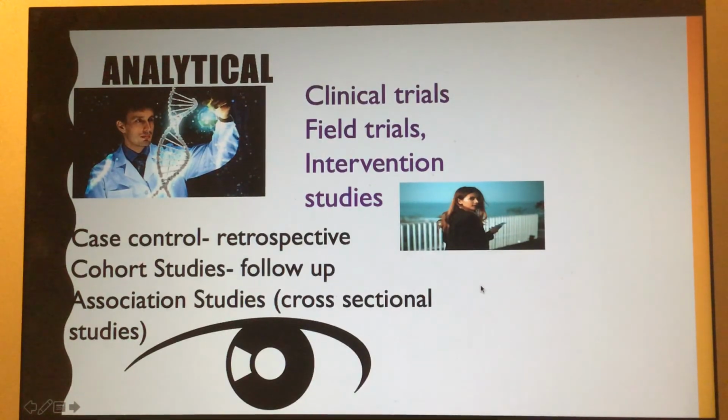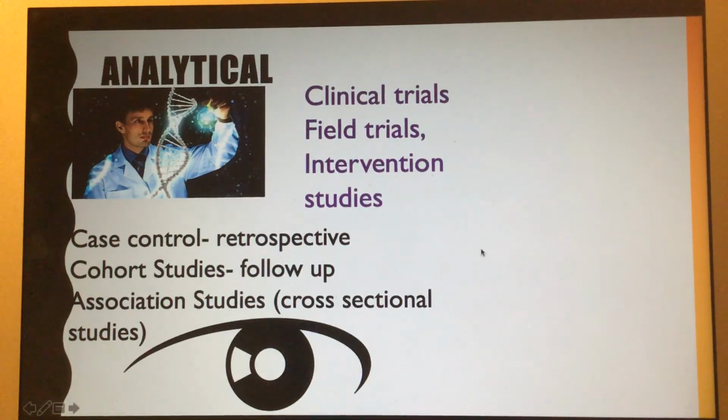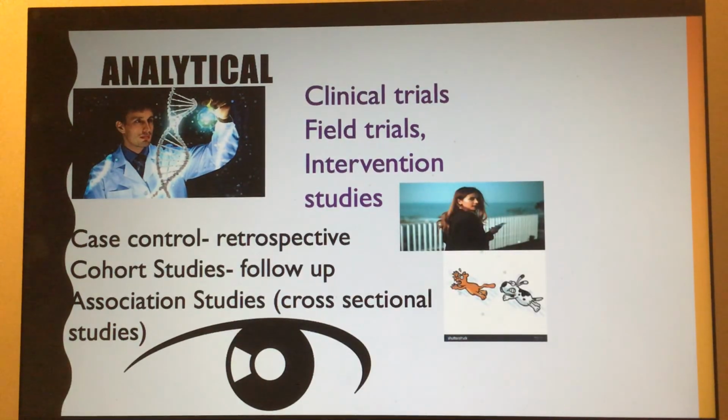So retrospective, in this case, we're looking back. So we choose the exposed group, which has the disease. They have the disease, and we look back into their history. That is retrospective. Cohort study would be follow-up study or longitudinal study.